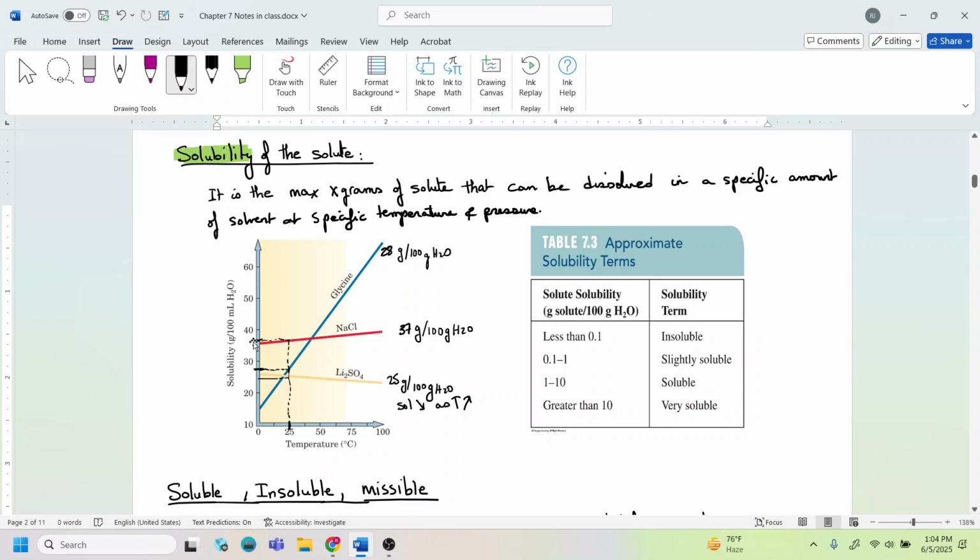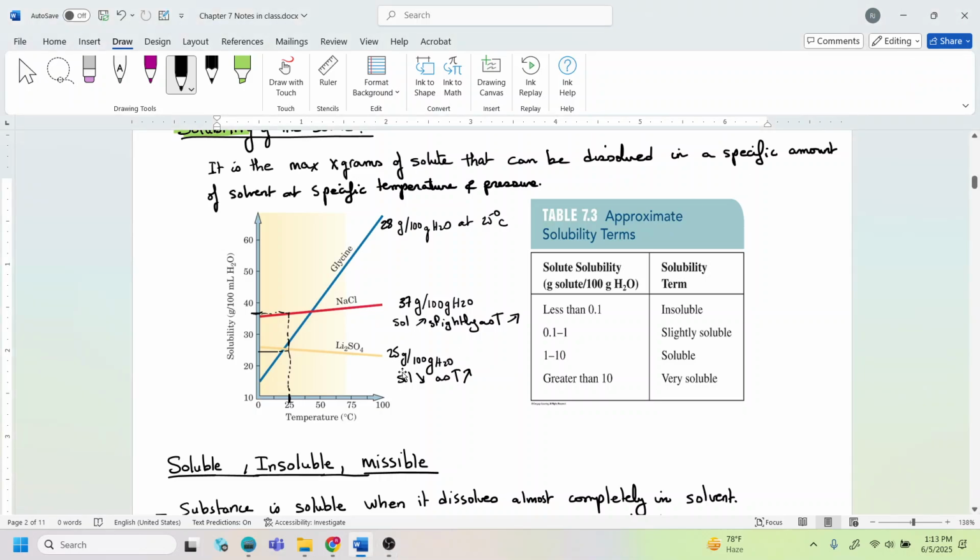If I add more, the additional grams will not dissolve unless I increase the temperature of the solution. I can see over here that the solubility is increasing slightly as the temperature increases. So we would say that solubility increases slightly as the temperature increases.